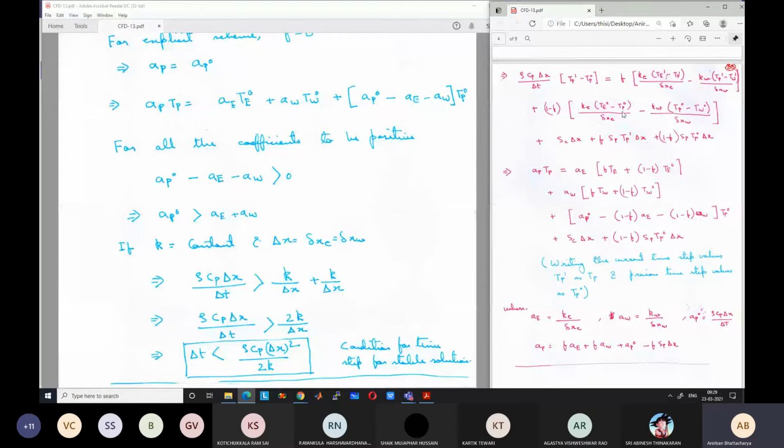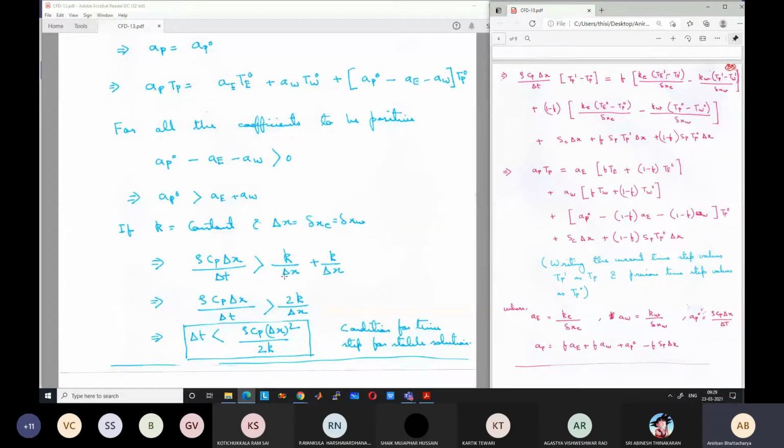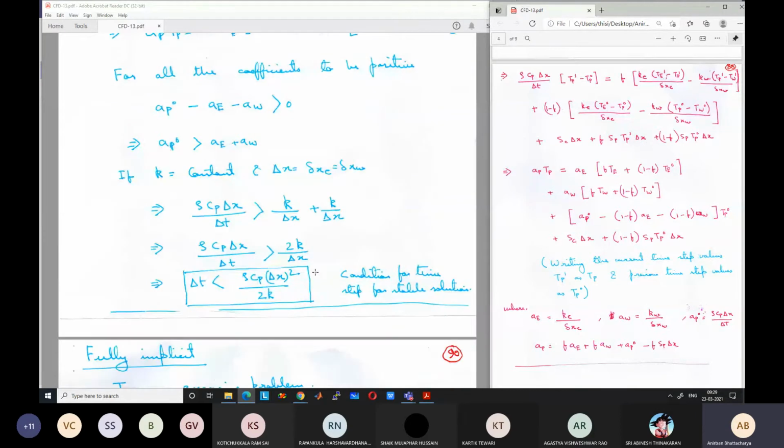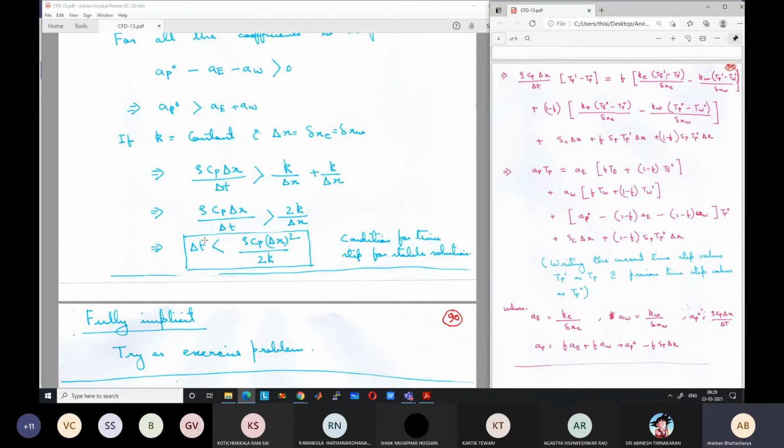Similarly, AW is Kw by delta xw, which is also K by delta x. So rho Cp delta x by delta t should be greater than K by delta x plus K by delta x, or greater than 2K by delta x. If you rearrange this, delta t should be less than rho Cp delta x square by 2K. So this is the condition for stability.